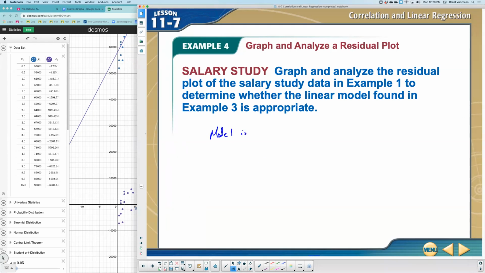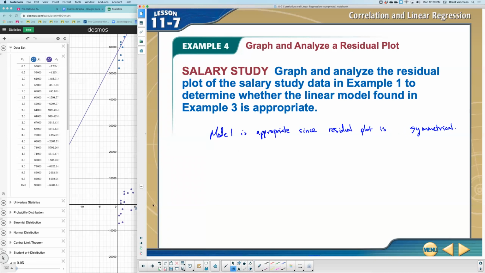Model is appropriate since your residual plot is very, I'm going to use the term symmetrical here. And maybe I shouldn't say very, but I'll just say since it's symmetrical.